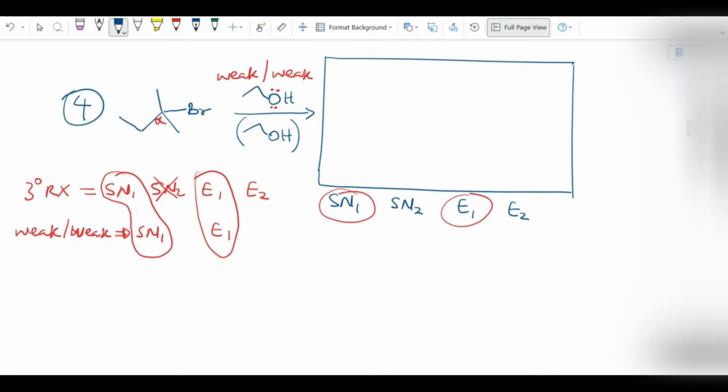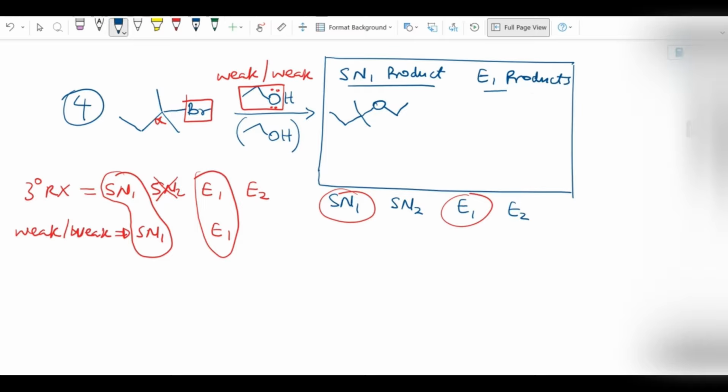So we're going to have SN1 product as well as E1 product. So let's go ahead and draw the SN1 product. For the SN1 product, we will simply replace the leaving group with the nucleophile. Now for the E1 product, there should be 2 E1 products.